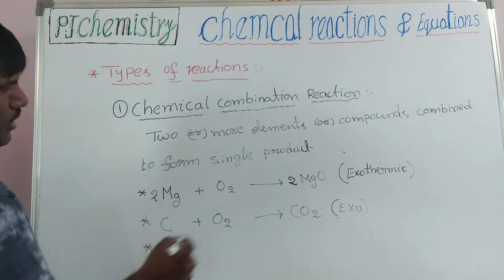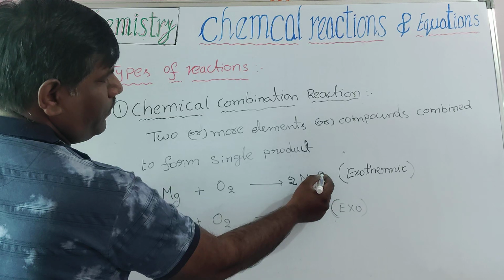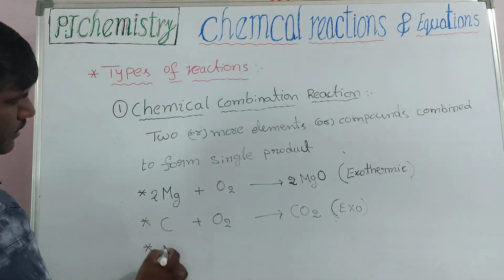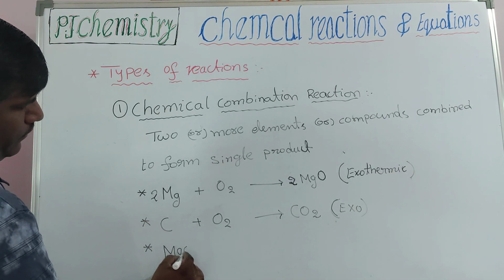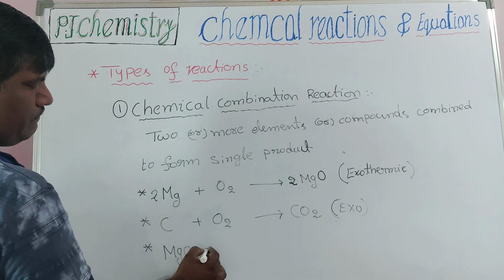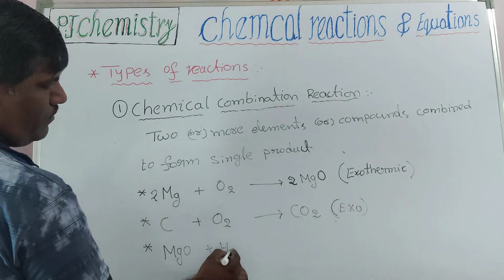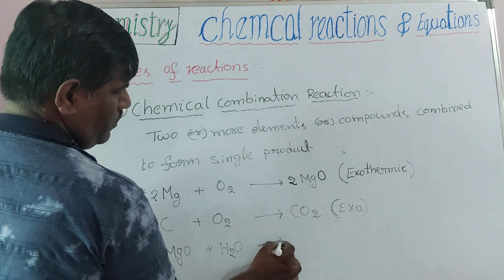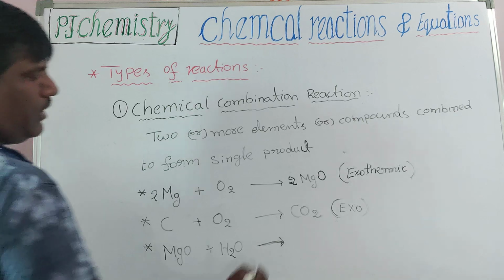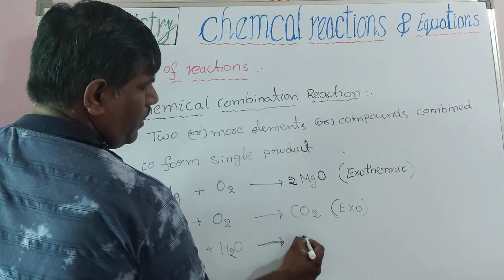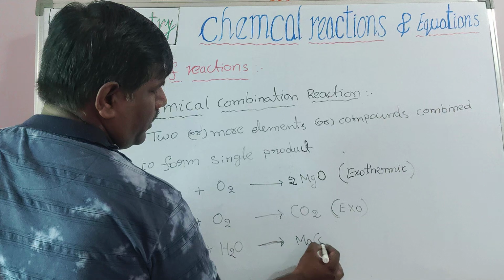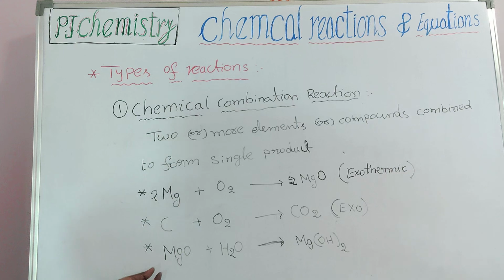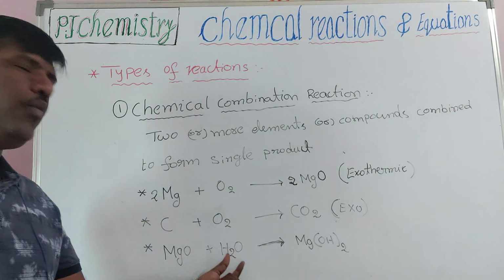If you take compounds, magnesium oxide formed here is a compound. That magnesium oxide will dissolve in water. It forms a white color solution which is called magnesium hydroxide, a single product. So here MgO, magnesium oxide, is a compound, and water is a compound.